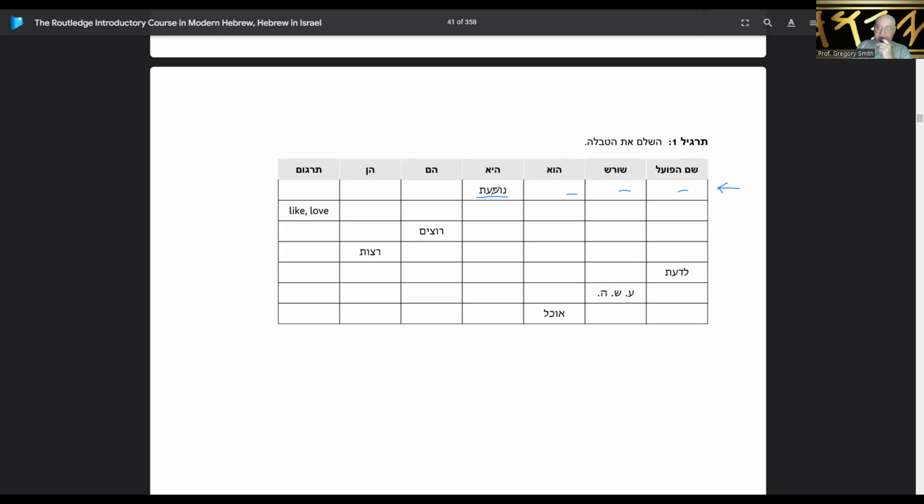Okay, so now we've got our pattern here, nosa'at. And what is the Shem HaPoel, which is the actual infinitive verb form? It's going to be linsoa, linsoa.